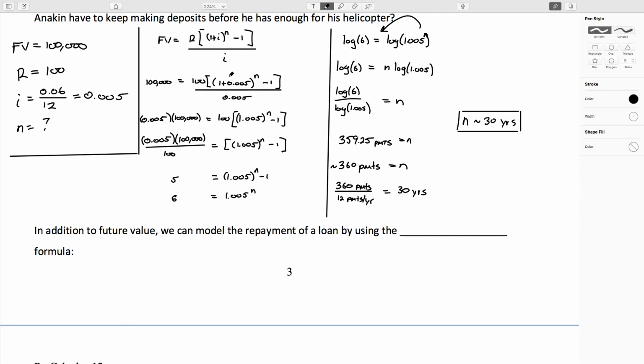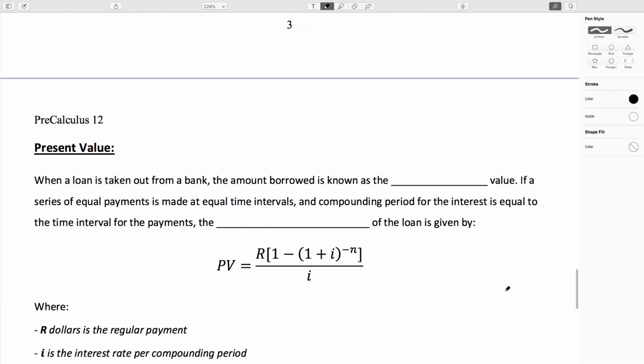Okay, in addition to the future value, we can model the repayment of a loan by using the present value formula. So present value, when a loan is taken out from the bank, the amount borrowed is known as the principal value.